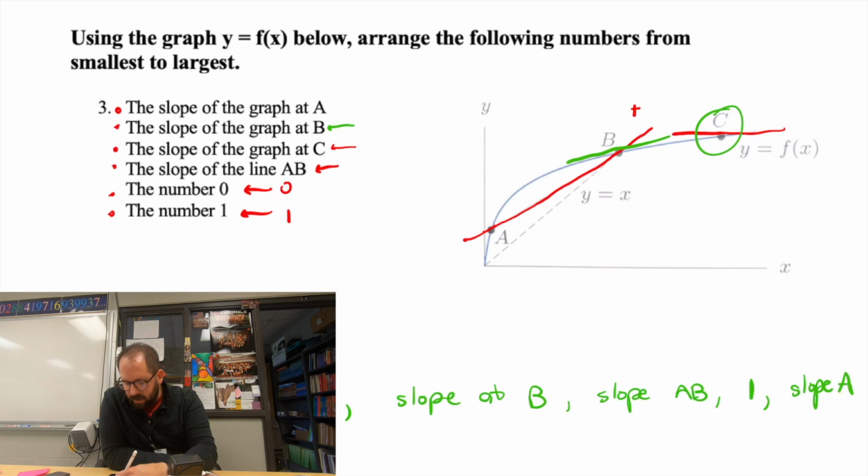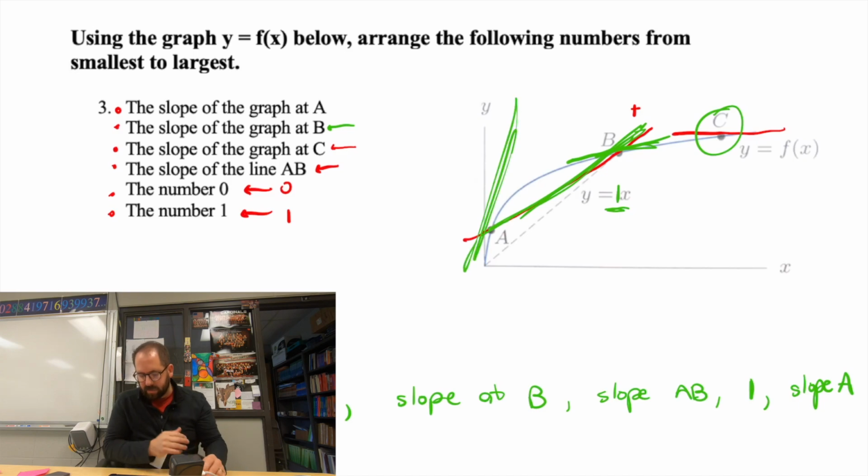AB is here, that line, and then 1 is a little more steep, because the dashed line was the number for 1. And the slope of A was really steep, so that was a really big number. So this is probably least to greatest.